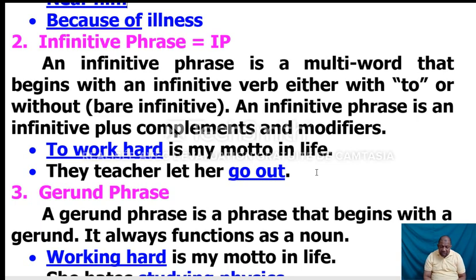This infinitive phrase, if we want to concentrate and to focus on the verb, the infinitive verb, we are going to find that it may begin with to, or it may be bare infinitive, means without to.